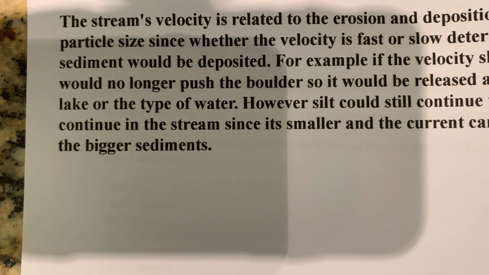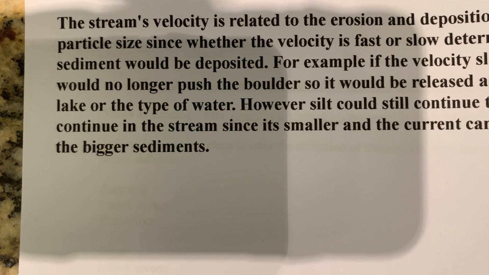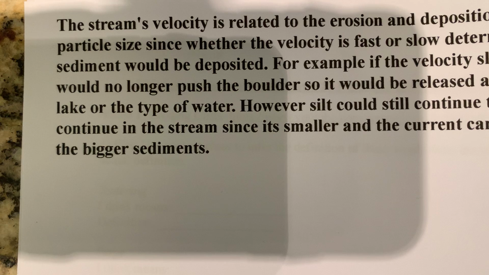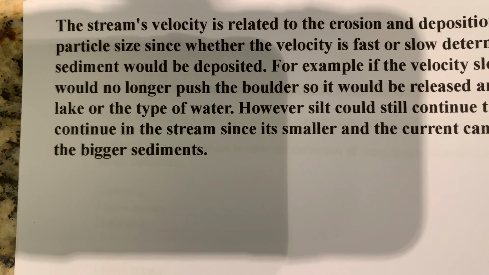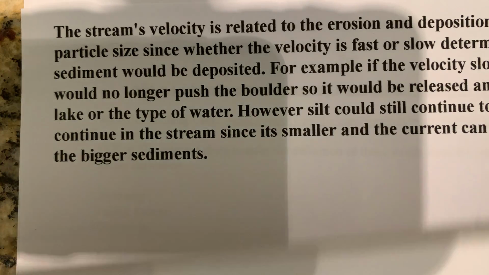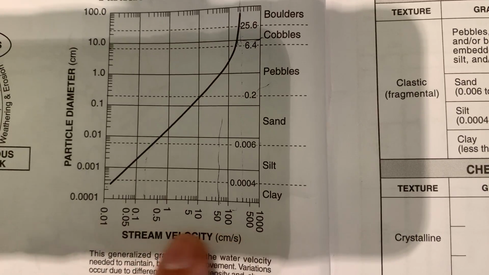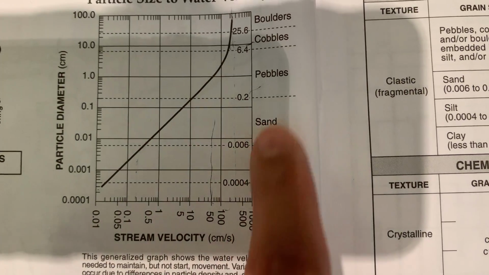Exactly. As the stream slows down, more deposition occurs, and as the stream speeds up, more erosion occurs. And there's a guide to see what gets dropped off first, second, and third, and that would be this right here. So it lets you know how fast the stream has to be moving in order to pick up, erode, or drop off, deposit sediments. And these are the sediments here.